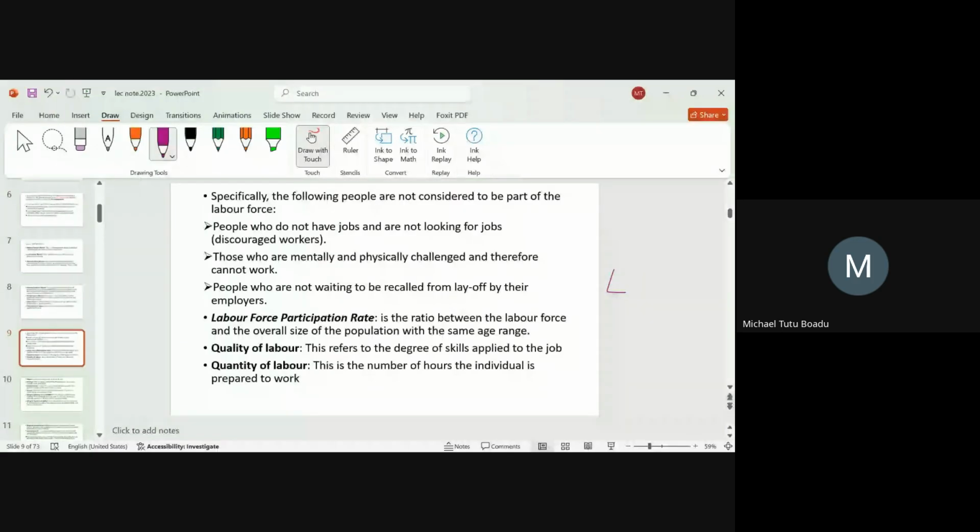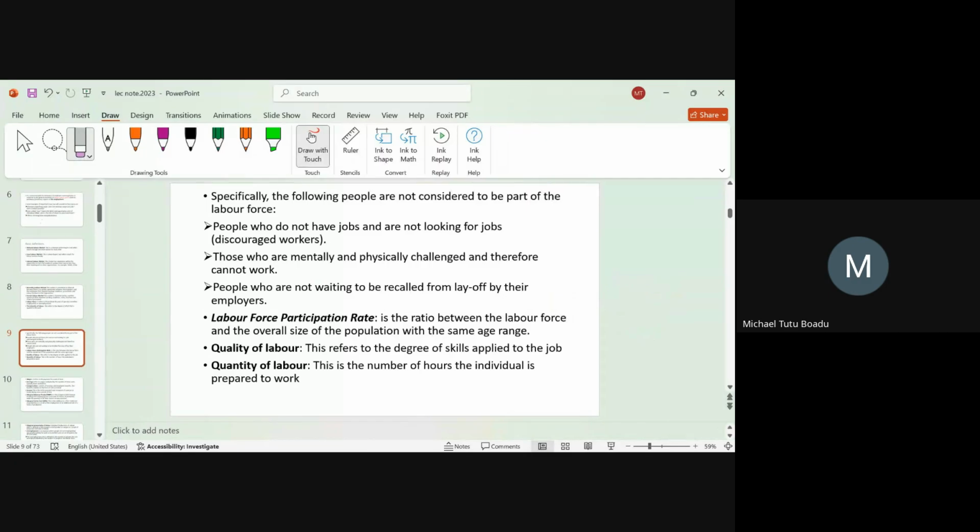So labor force divided by the population is the labor force participation rate. If you are able to determine the labor force, you divide that by the size of the population, then you will be able to determine the percentage of people in the population who are qualified to participate in the labor force.